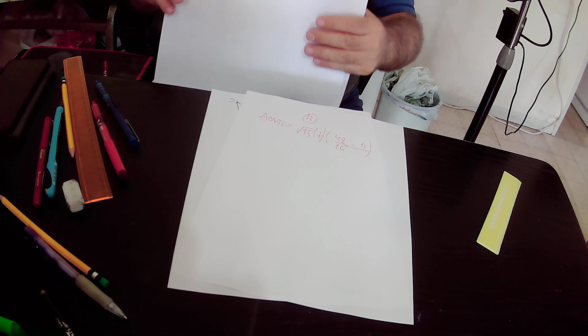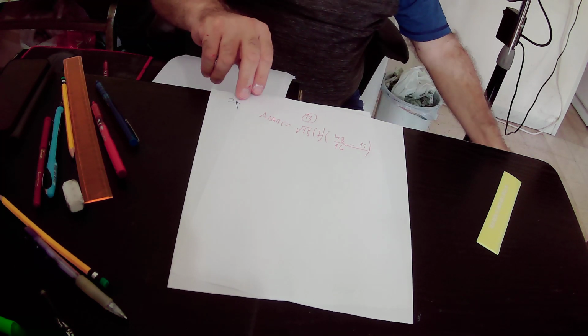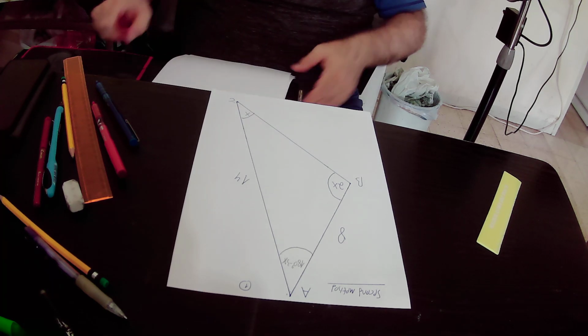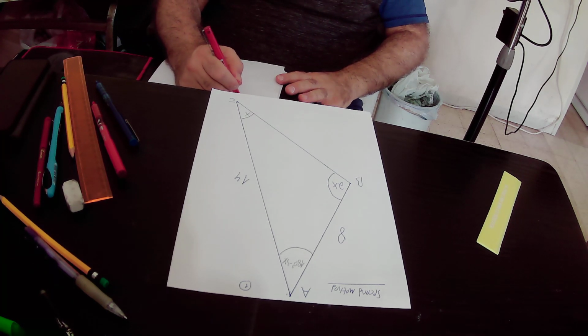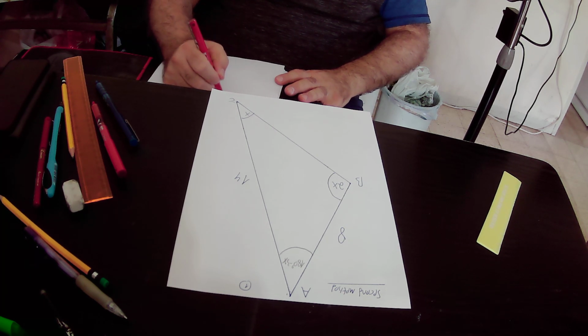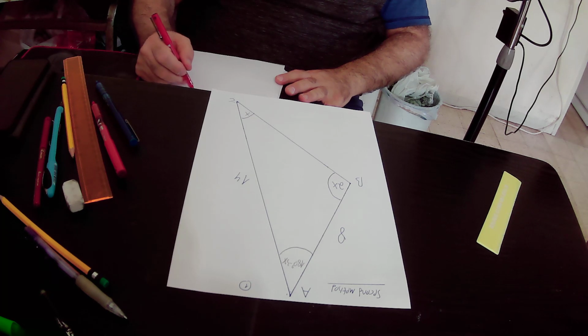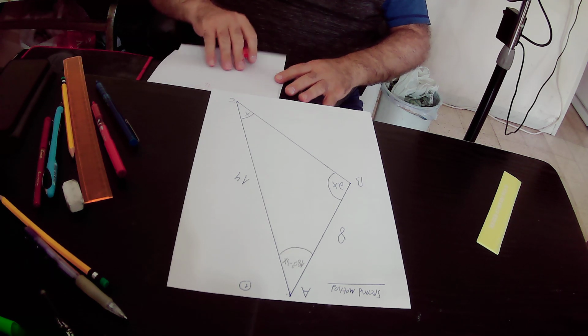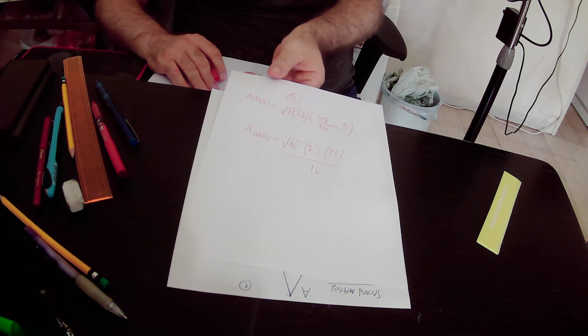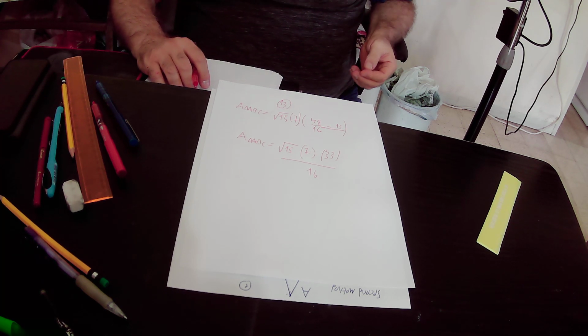So the area of triangle ABC equals root 15 times 7 times 33 over 16. 7 times 33 is 231.